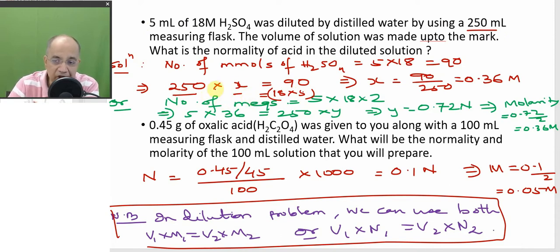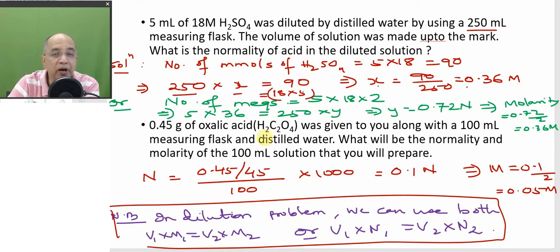So 250 into x is equal to 5 into 18, that is 90. This is in milliliter, so this is millimoles, 90. So here we get x as 0.36 M. So the molarity of the final diluted solution having volume 250 ml, that is the volume of the measuring flask up to the mark, is 0.36 M.